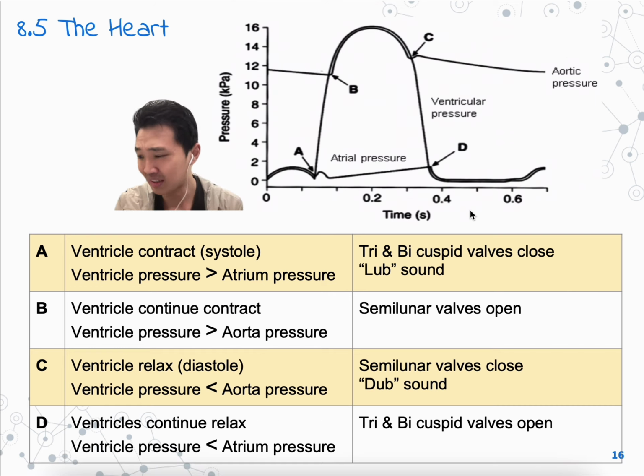Mr. Cho can explain what's happening, but I'm afraid it will be too complicated. So for now, just take it that you need to know two things here. Number one, where's your atrial systole, ventricular systole, and atrial and ventricular diastole? And number two, where do all the valves open and shut?